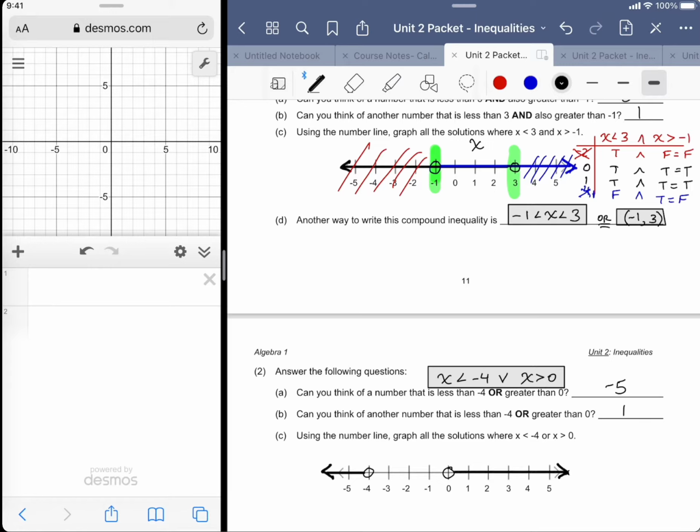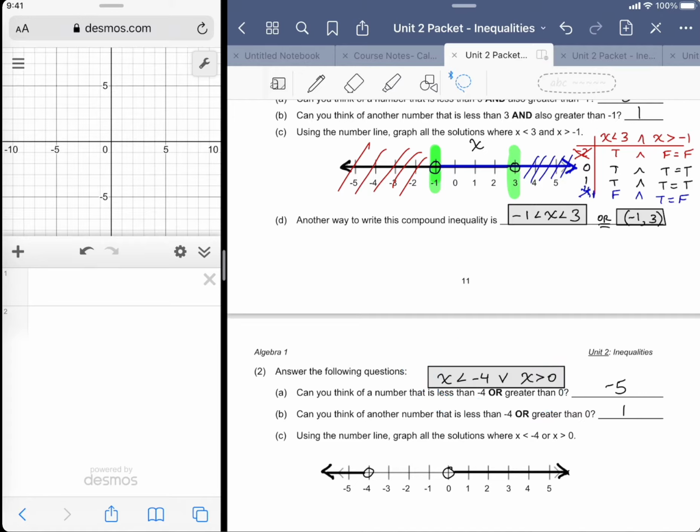So there's only one other way to represent my solution here. I can't write it as a between situation because x is not going to be in between the -4 and the 0. It's actually beyond. All right, but what I can do is write this expression in interval notation.